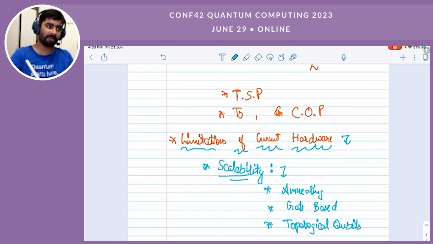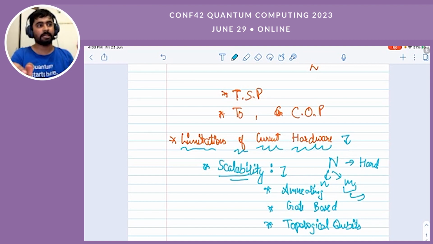Say we had a total of capital N qubits available as given by the quantum hardware vendor, and out of these, some small n is usable, while some small m would have to be reserved for certain aspects, as we'll talk about in detail as we go ahead.